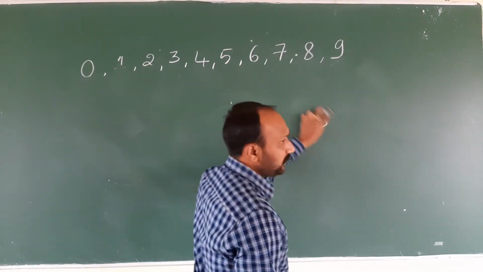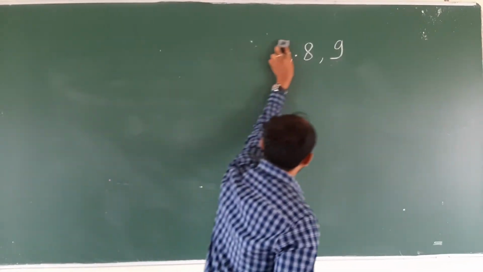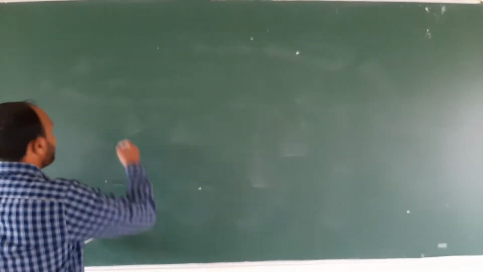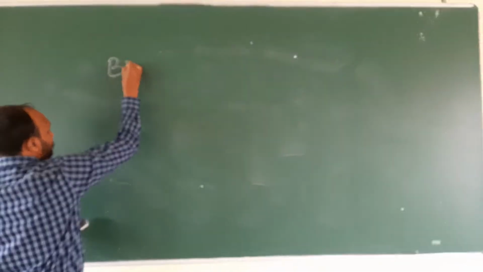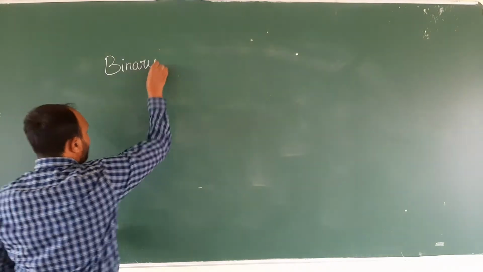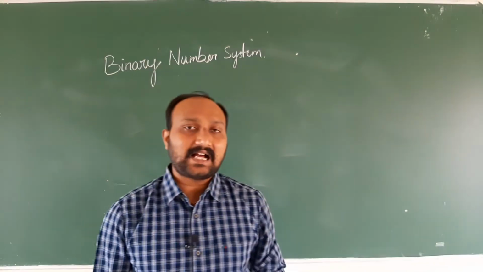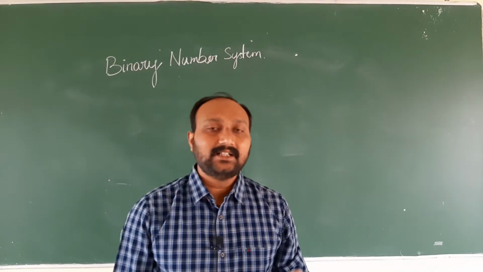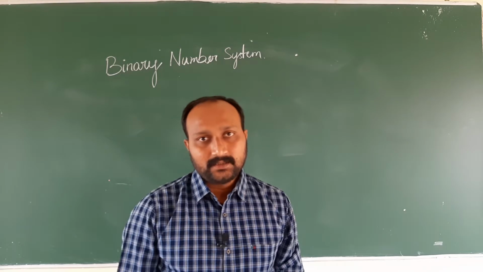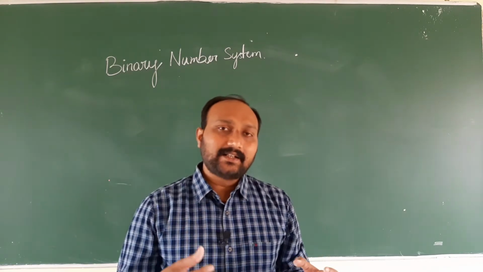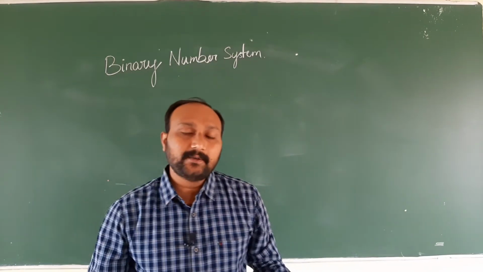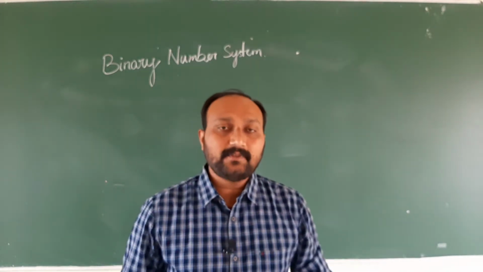Now, let us move on to the second type of positional number system, that is binary number system. Why do we have to consider binary number system? Binary number system is very important. The reason is that all electronic gadgets are designed to work at binary levels. You cannot consider a gadget or device to work at different electronic signals. It will be very difficult.